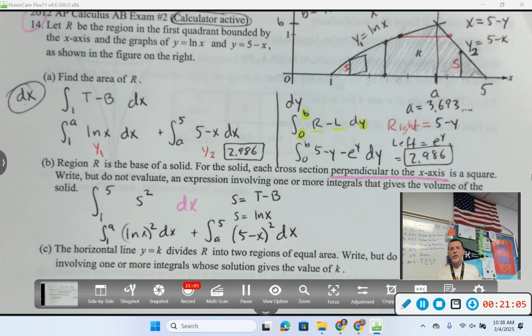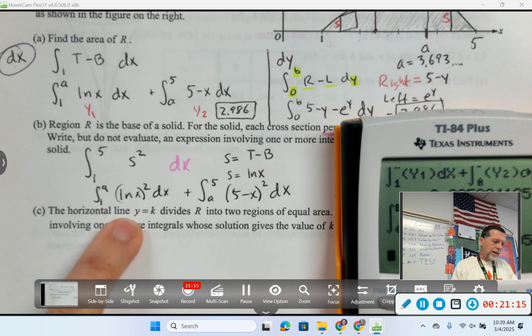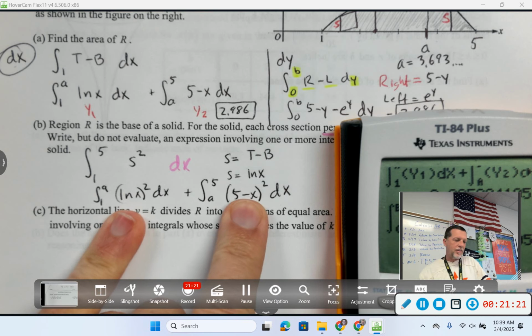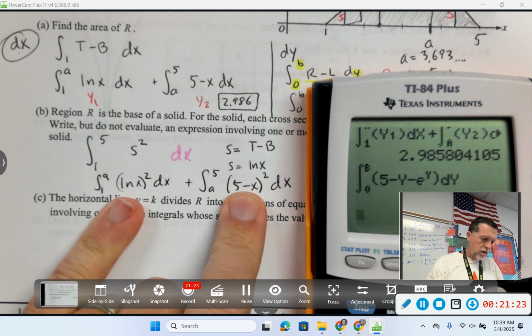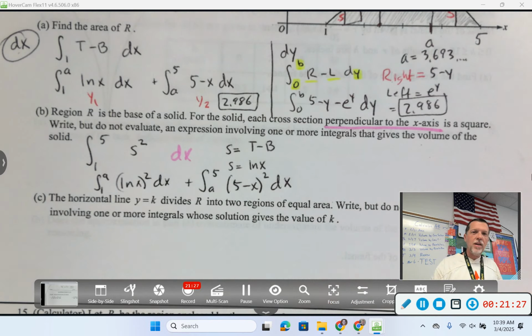So again, there's two different tops, two different equations to think about, so I have to split this into two pieces. Oh, and again, I don't have to type in natural log of x because that's y1. I don't have to type in 5 minus x because that's y2. What's that?